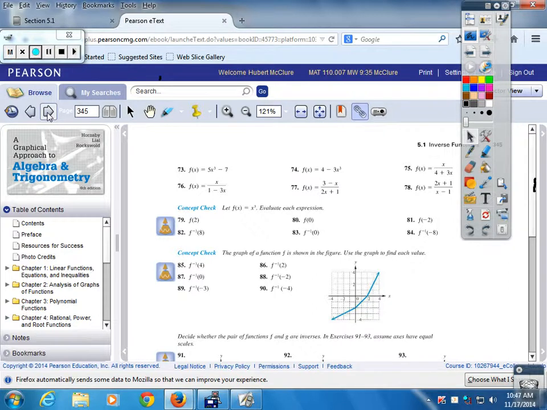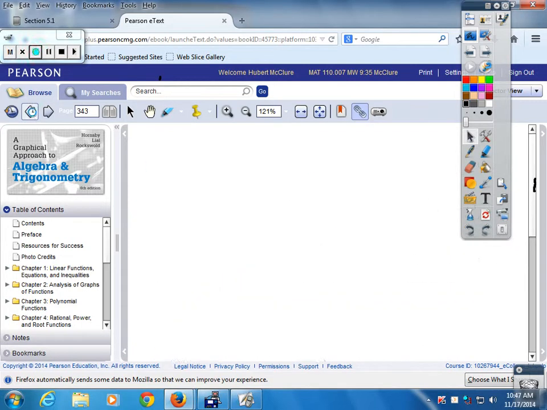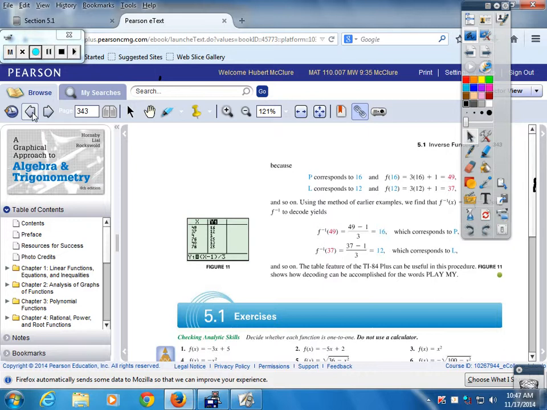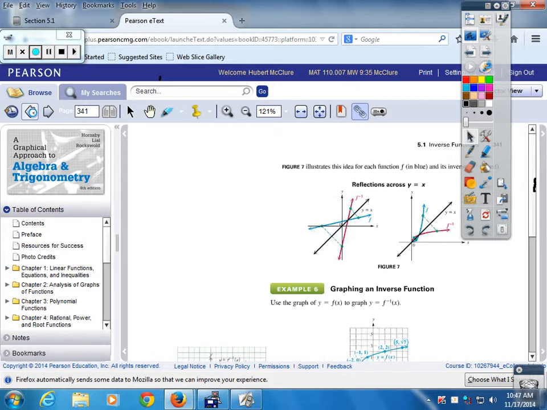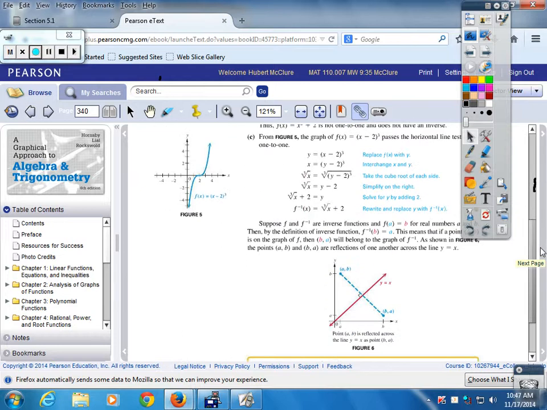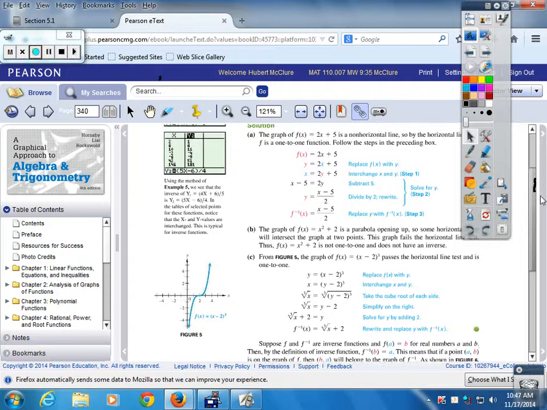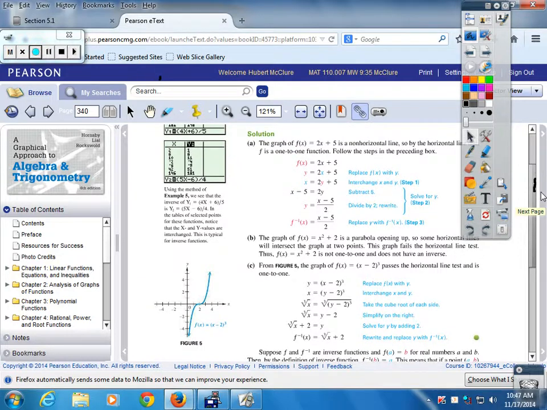Yeah, we're too far. That's not what I want. I think it's 338. Is it 338? Yeah. Or 339. Oh, 340 is good enough. Yeah, it's past that. Okay, there's one. That's what I've been looking for right there.